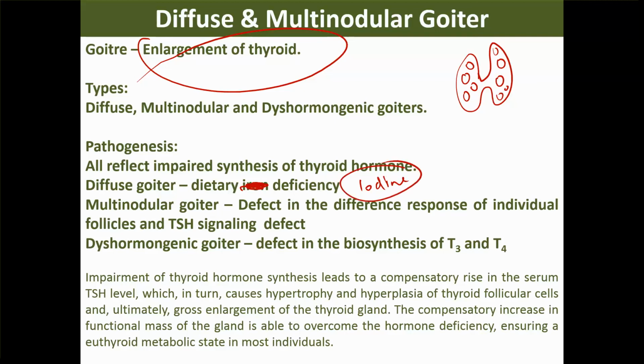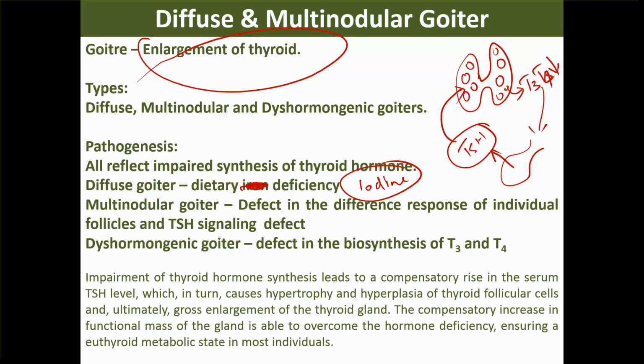So what you have to understand from here is, if there is any problem in thyroid hormone synthesis, the thyroid hormone is not synthesized, T3, T4 is reduced. So this goes to the pituitary gland, and the pituitary gland releases more TSH. Then TSH stimulates the thyroid gland.